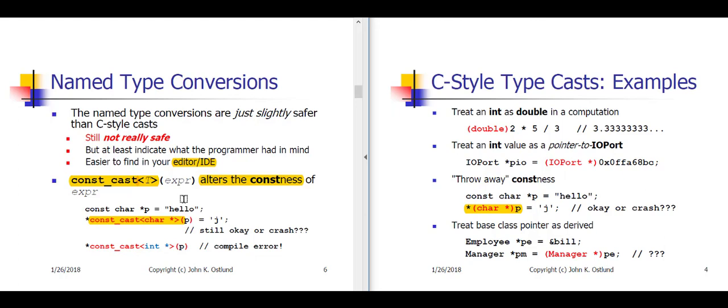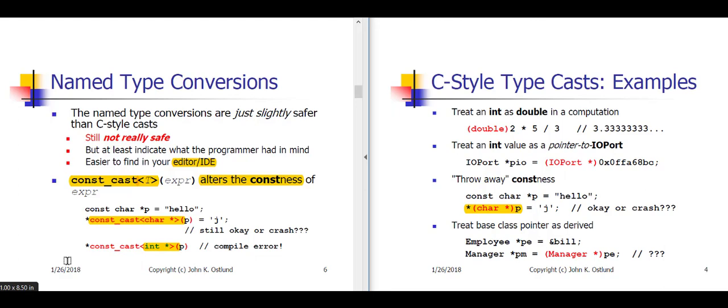Now, adding or eliminating constness is the only thing that const_cast is allowed to do. It's more restricted than a C-style cast, which can do anything. For example, if you attempted to use const_cast, as we're doing here on the bottom of slide 6, to convert P into a pointer to int, this would give you a compile time error, because not only are you eliminating const there, but you're actually attempting to change the data type of P's value as well, and that's not allowed.